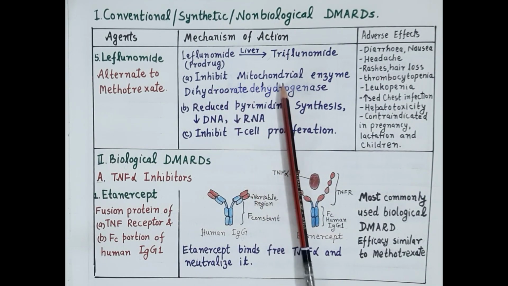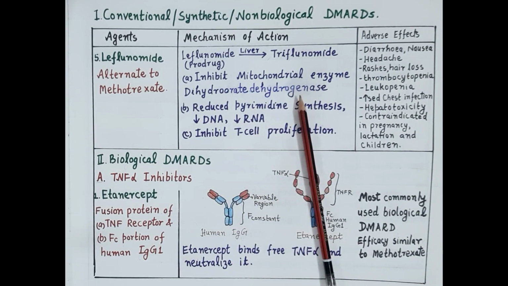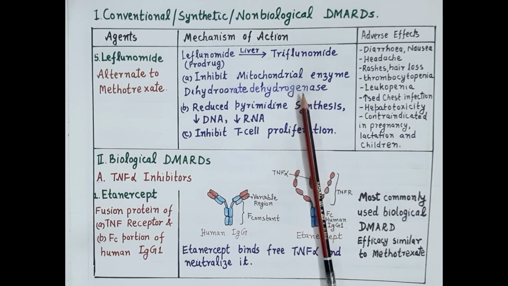Triflunomide inhibits the mitochondrial enzyme dihydroorotate dehydrogenase. Now, this enzyme is required for the synthesis of pyrimidines by the activated T cells. Pyrimidines are further required for the synthesis of DNA and RNA, essential for the proliferation of T cells.